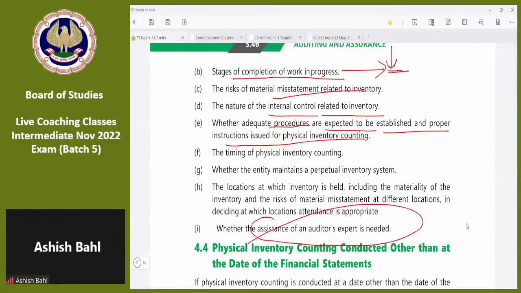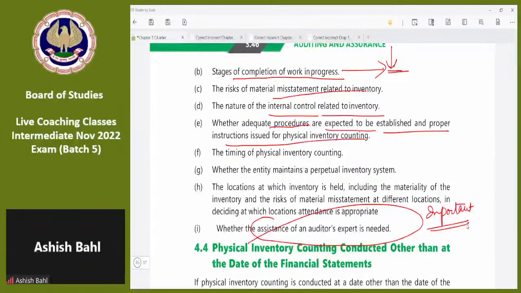Now the nature of inventory might be such that the auditor is not able to easily understand its condition. The company might be dealing in something about which the auditor does not have much knowledge. It might be a new kind of product, so the auditor might avail the services of an expert.